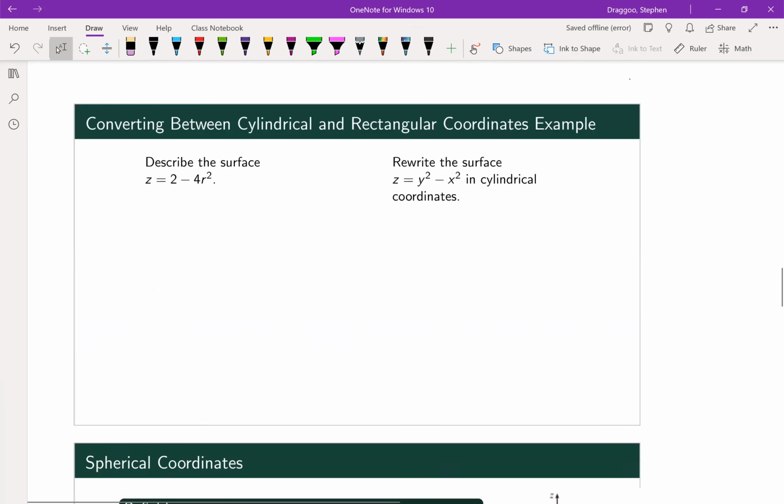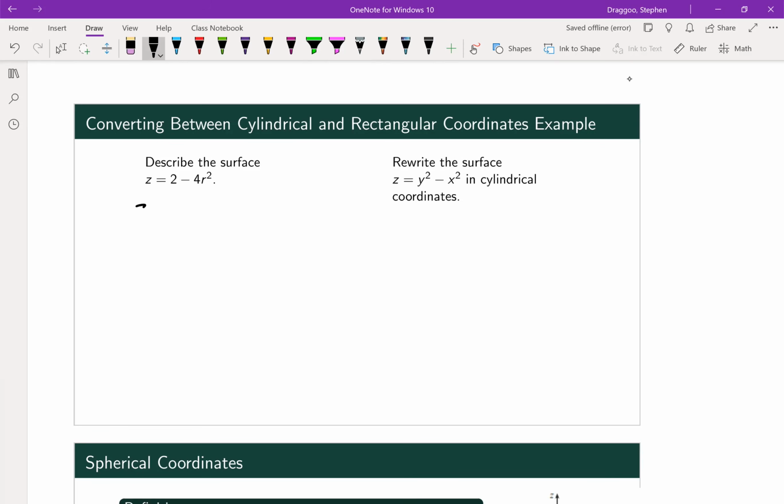All right, let's convert between those two coordinate systems. So describing the surface z equals 2 minus 4r squared. From section 12.6, we looked at several ways of describing quadratic surfaces, so we're going to want to do the same thing here. In order to do that, we'll convert this cylindrical equation back into rectangular coordinates and see what we have.